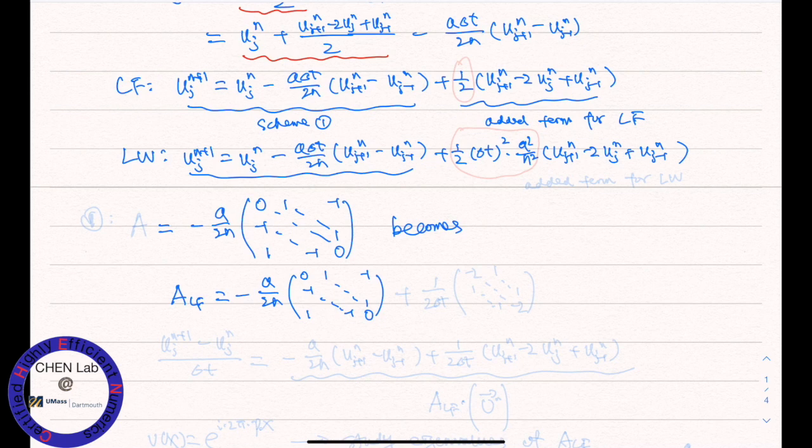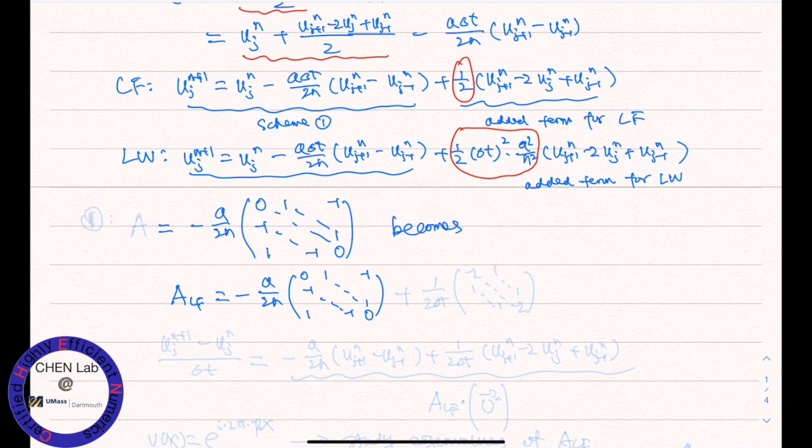So the difference is that this is 1/2, and this is 1/2 times this. This is of course the added term for LW if we compare everything with the first simple but unstable scheme.